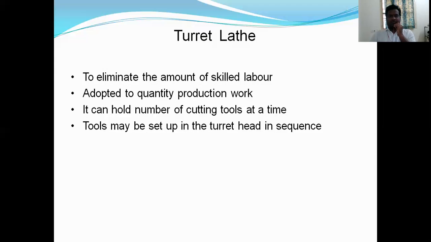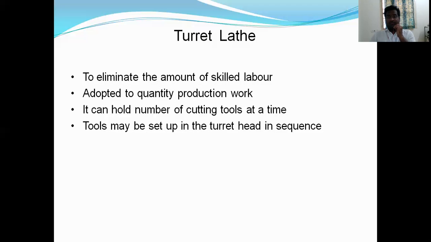After the boring operation, each tool is placed, and we can easily tell the reaming tool. Reaming is the final finishing operation of the hole. This is the sequence of operations we follow while doing machining operations.